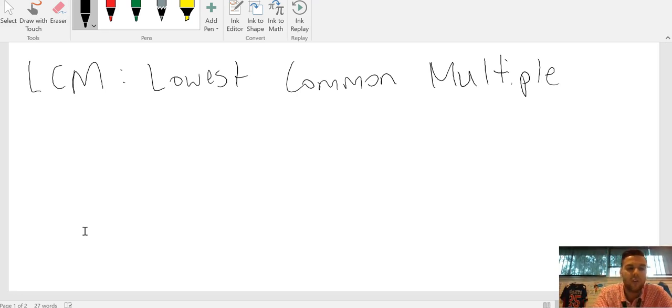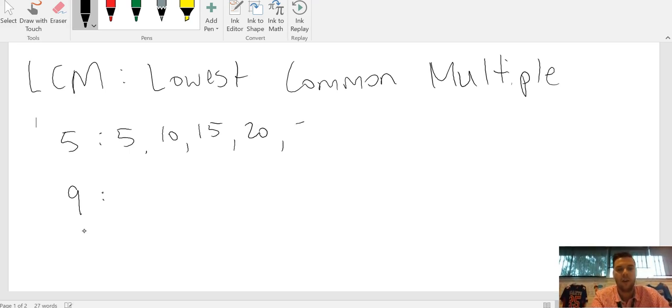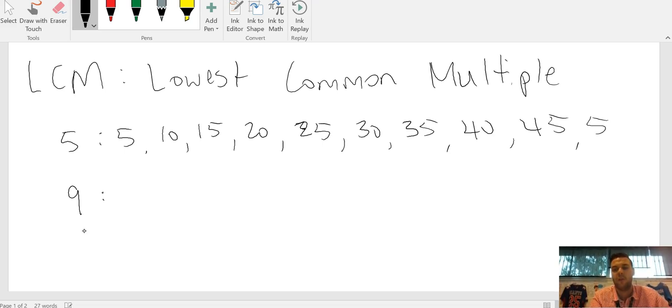All right, say I want to find the lowest common multiple between my 5 times tables and 9 times tables. So let's find what's the lowest common multiple that they have. Now, remembering, I want you to write them out until you get to 10 times. So let's start. 5, 10, 15, 20, 25, 30, 35, 40, 45, 50.